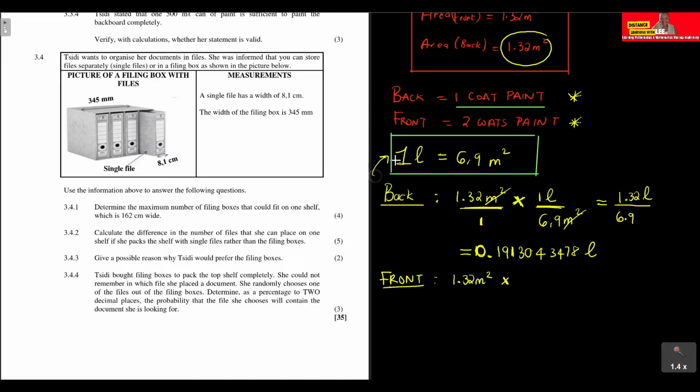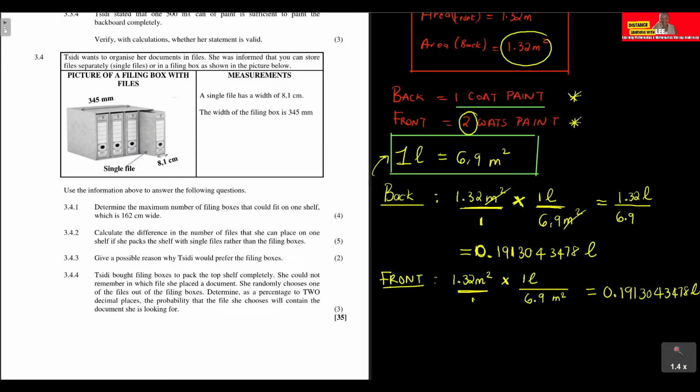We're still using this equation, 1 liter divided by 6.9, and you should still get the same answer, guys: 0.1913043478 liters. However, remember that when you're painting the front, you need 2 coats.